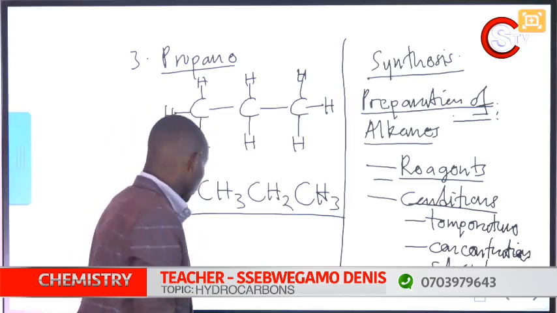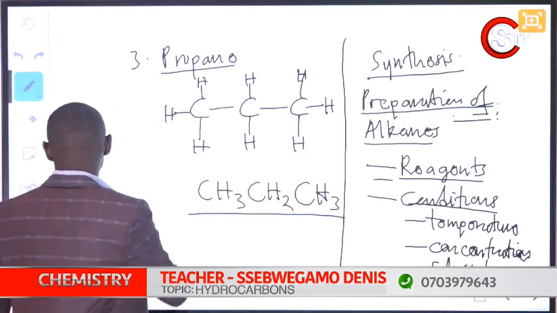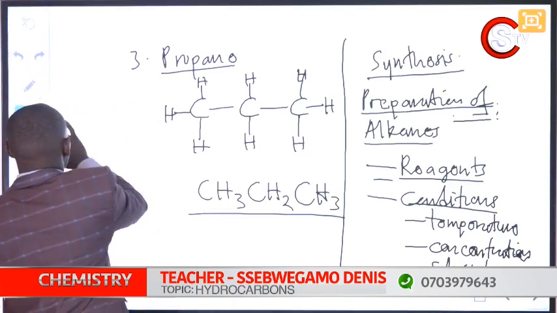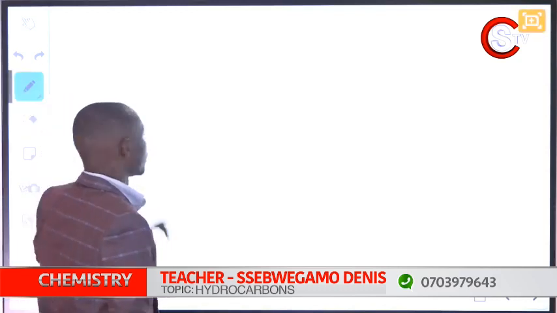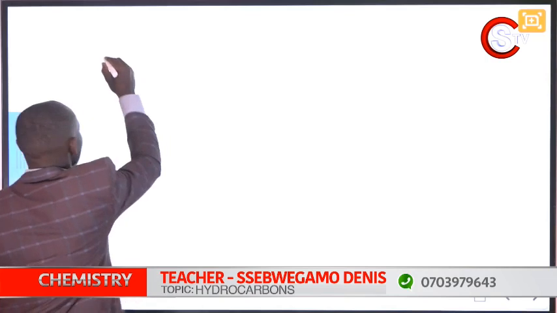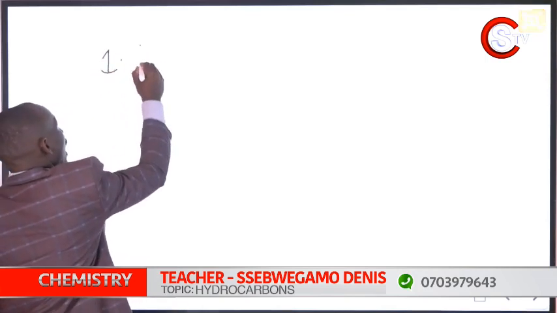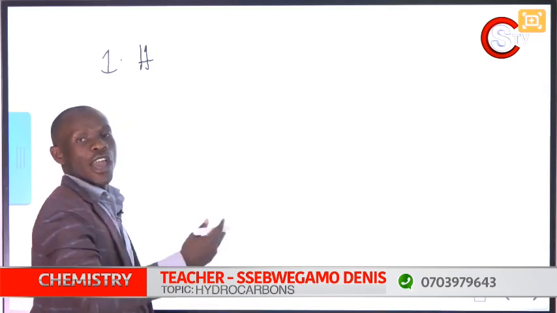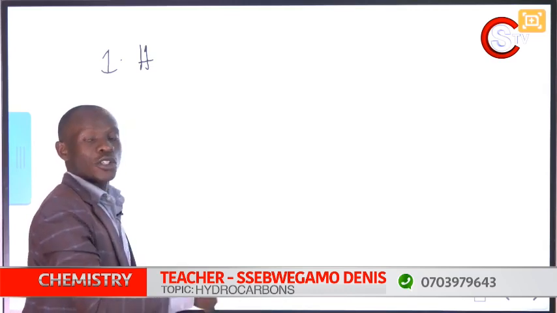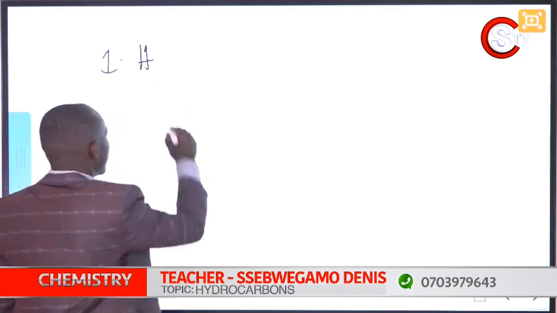So now, if I start by preparation, alkanes can be prepared, first of all, by hydrogenation of alkenes and alkynes. Addition of hydrogen onto alkenes.